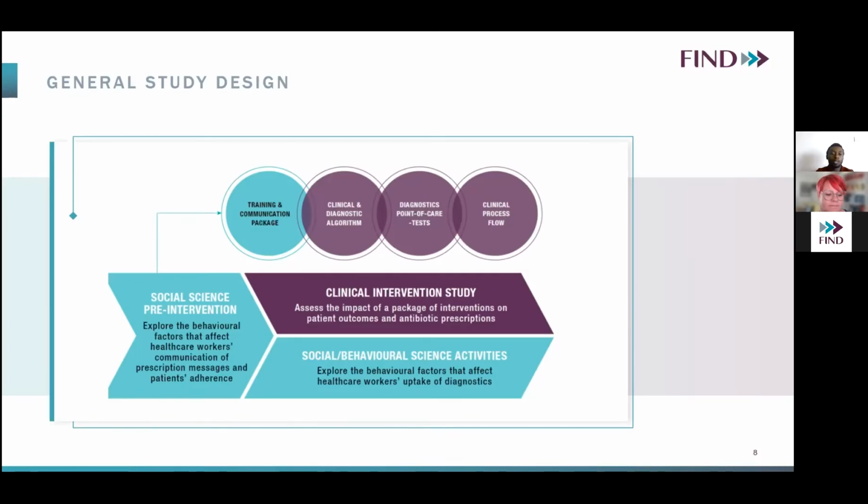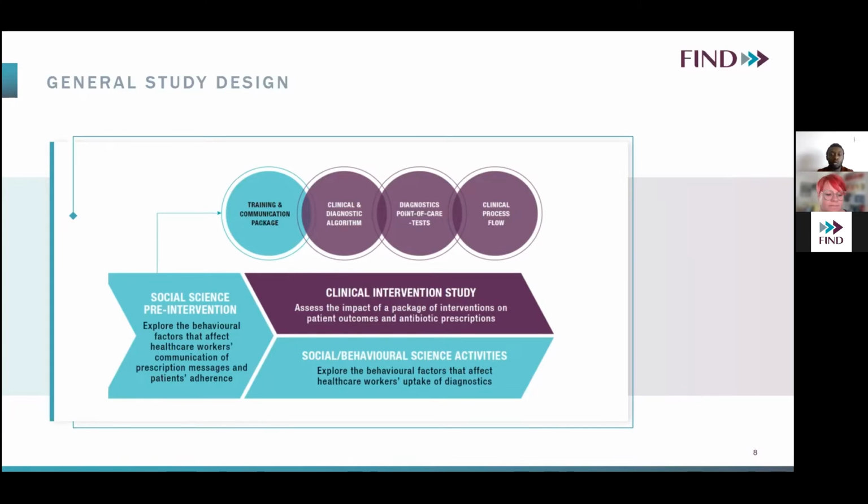Then the objective of the study, we designed it in a mixed methods design. So we had a baseline social science study to explore the behavior factors that affect healthcare workers' behavior in prescription. Then we are also exploring the patient's adherence to prescriptions.